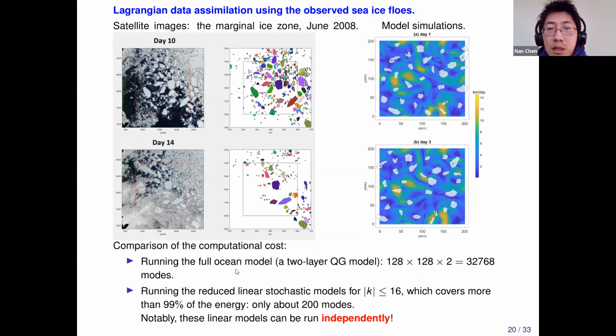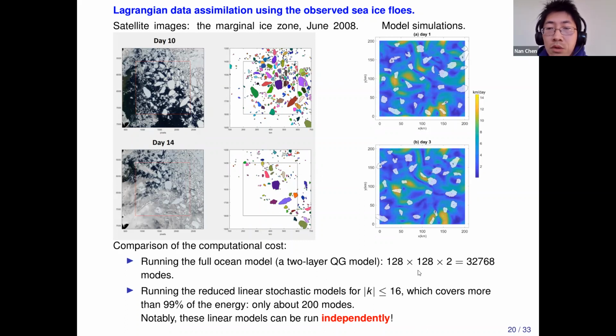What we do here as a test is we treat the ocean as being driven by a two-layer QG, which is very idealized because the ocean is more complicated than QG. But still, a two-layer QG is complicated enough for us to test the scale of the conditional Gaussian framework. Overall, we have about 33,000 modes here.